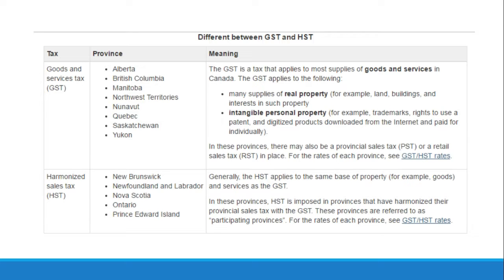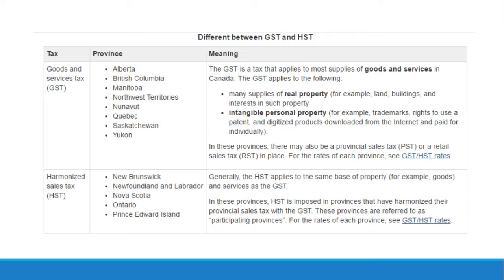So we also have the harmonized sales tax, which is assigned to New Brunswick, Newfoundland and Labrador, Nova Scotia, Ontario, and Prince Edward Island.